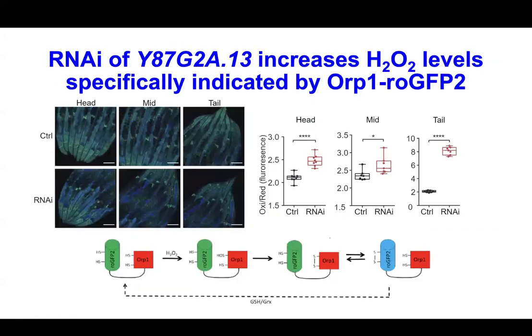Now the question, is this really because of H2O2 or something else, right? I mentioned earlier, the reporter could simply be a reflection of the oxidative stress response. So we validated the specificity of the response using a H2O2 sensor. This sensor was previously established in terms of specificity for H2O2 mediated oxidation of the sensor.